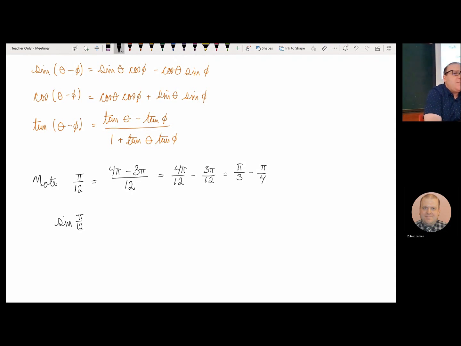This will allow us to write sine of pi over 12 as sine of pi over 3 minus pi over 4.